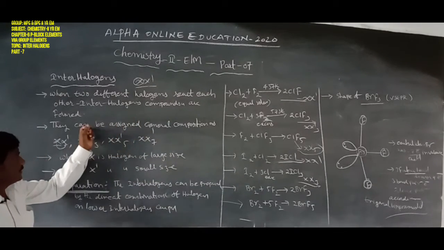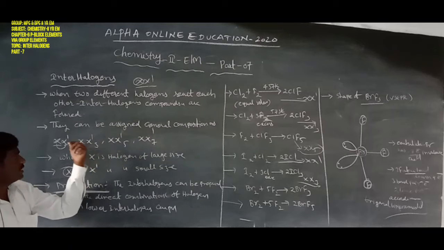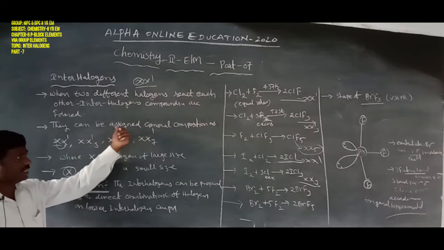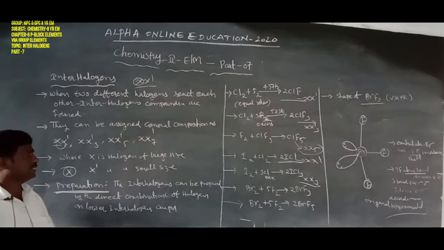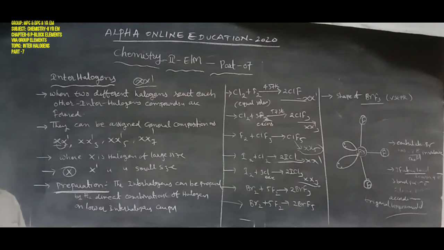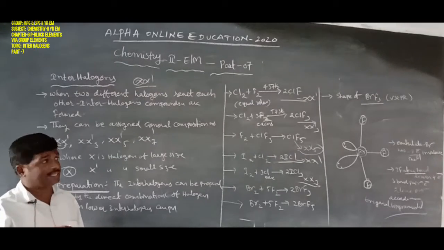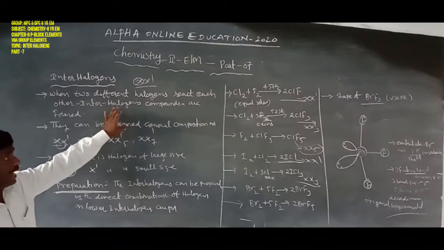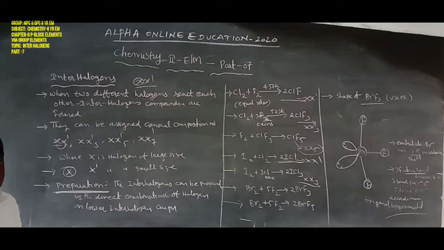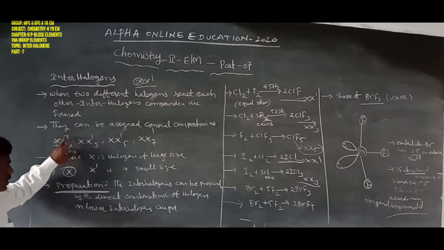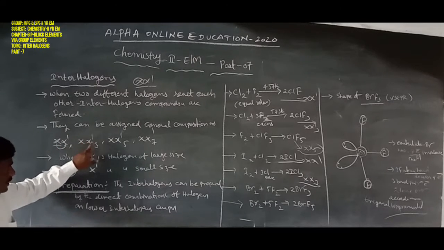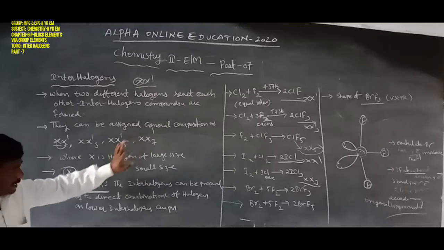They can be assigned general compositions like XX1, XX3, XX5, XX7. Two binary halogens combining or reacting with each other form halogen compounds, also known as XX3, XX5, XX7.